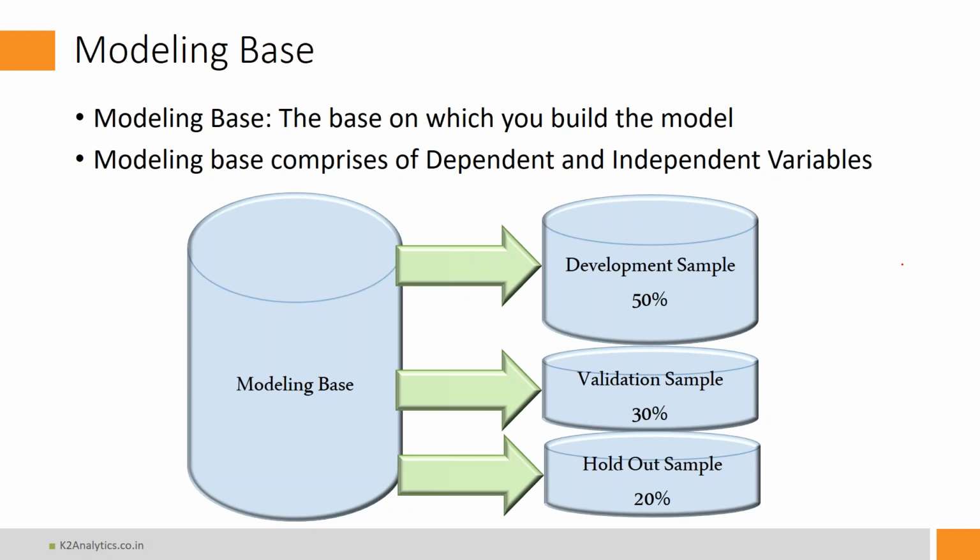So on development, the model is built. So typically when we build a logistic regression, we'll take 50% of the sample from the modeling base and run the logistic regression. When logistic regression is run, some variables will come out insignificant. The insignificant variables will get dropped off.